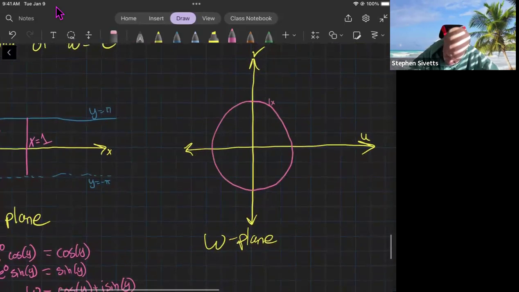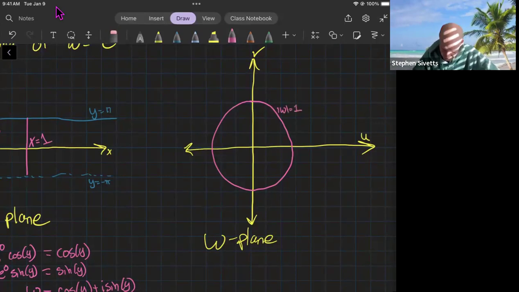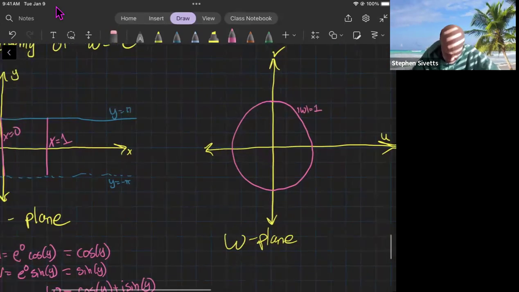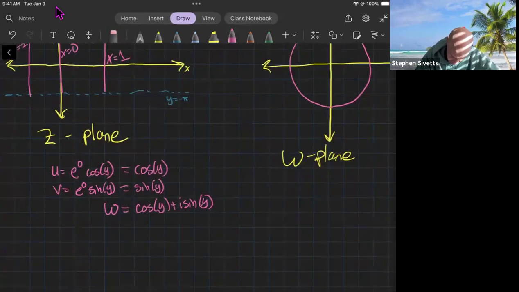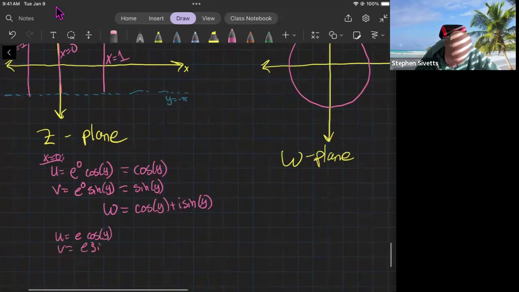So this is where x is 1. Okay. So this will correspond to a circle. And also when x is 1, we'll just have u is equal to e times cosine y, and then v is equal to e sine y, right?